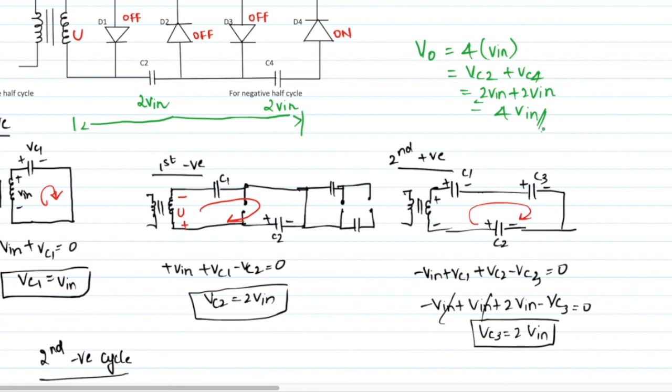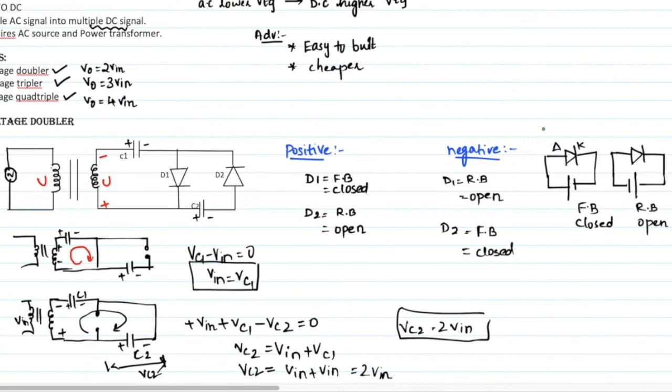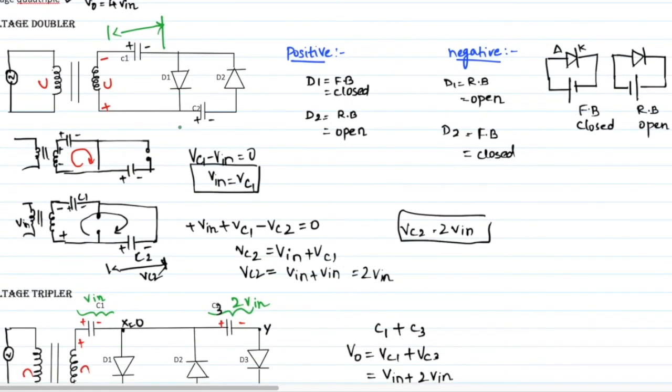So that's how you calculate the voltage across the capacitors to get the required output voltage. For the voltage doubler, you take the voltage across Vc2, this one.